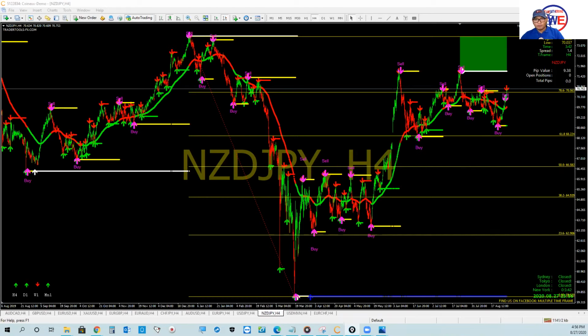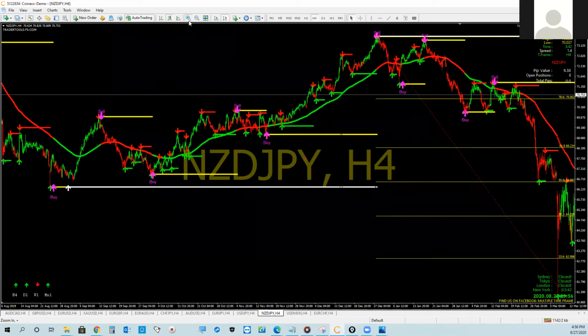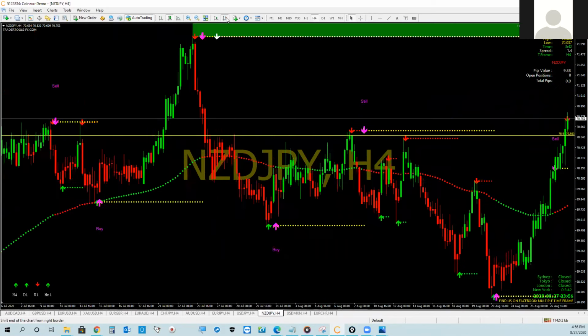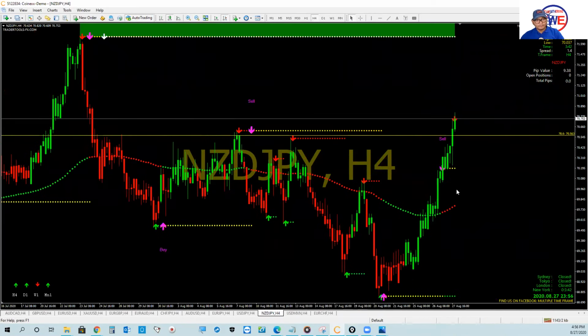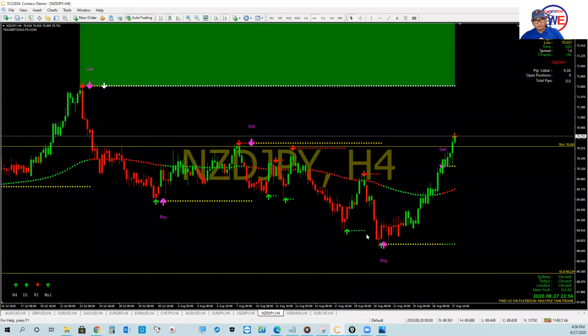We know we're doing a pullback, obviously. Don't trade a pullback, because pullback is bad business. Look at here. All the newbies would be like, oh yeah, it says there is a sell, let me go ahead and enter a sell. No, we know the market here is bullish. That's why it's still pulling up more and more.